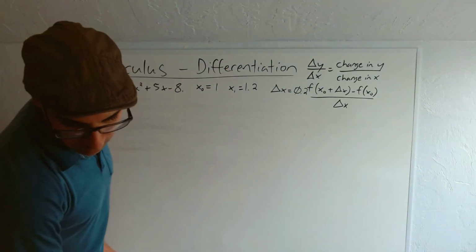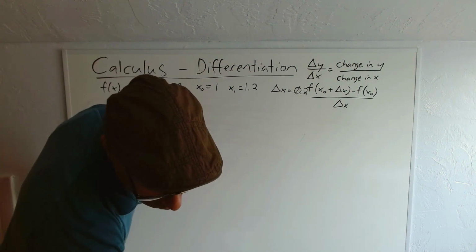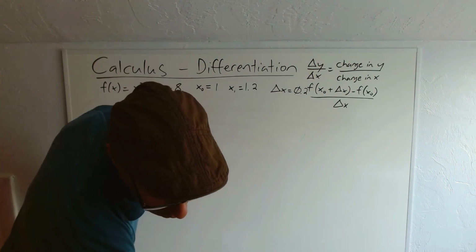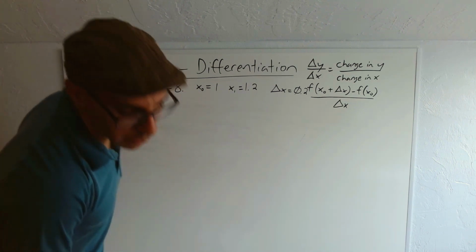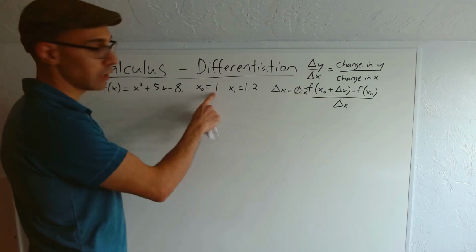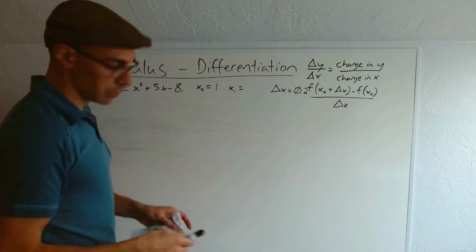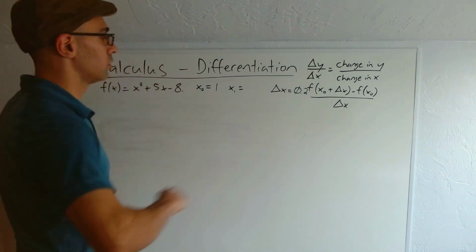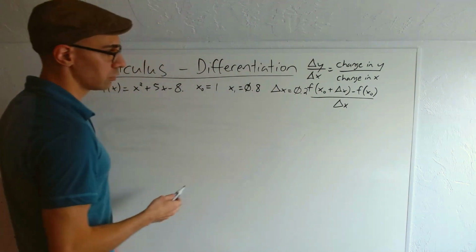All right, now, in part B, we are told, if x changes from 1 to 0.8. So we still have x naught, the initial value of x, as 1, but now instead of x going from 1 to 1.2, which was increasing, what if x decreases to 0.8?